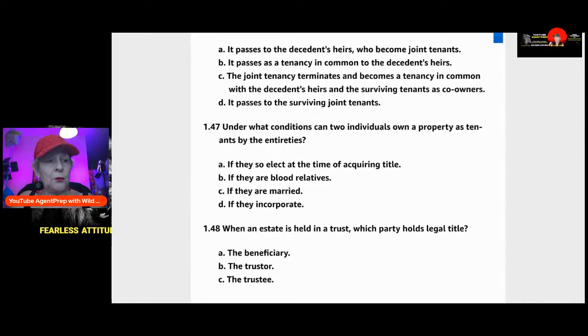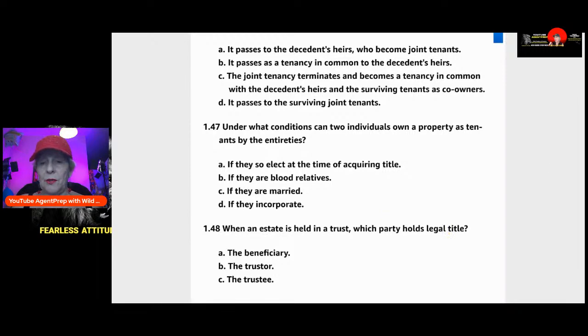All right. So number 147, these are national questions. Under what condition can two individuals own a property as tenants by the entirety? Remember, that's one of the 4 different types of ownership. So tenants by the entirety. A, if they so elect at the time of acquiring title. B, if they are blood relatives. C, if they are married. Or D, if they incorporate.